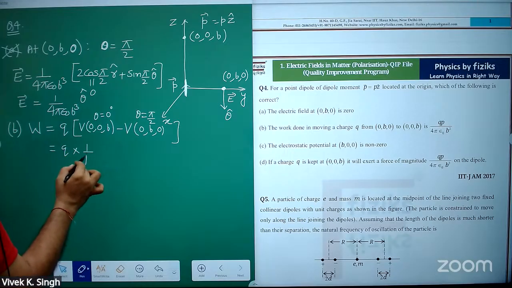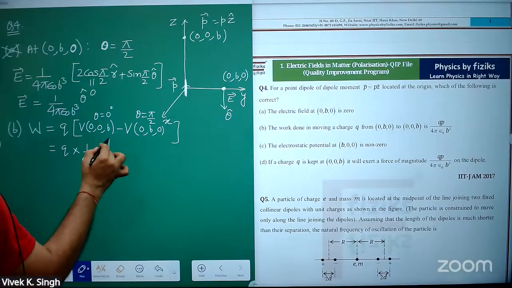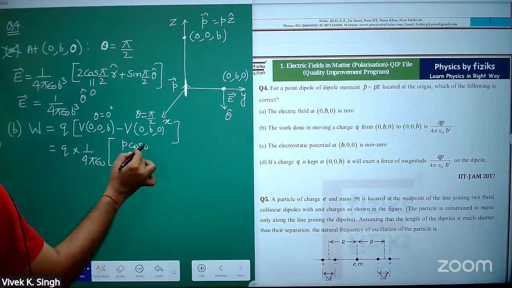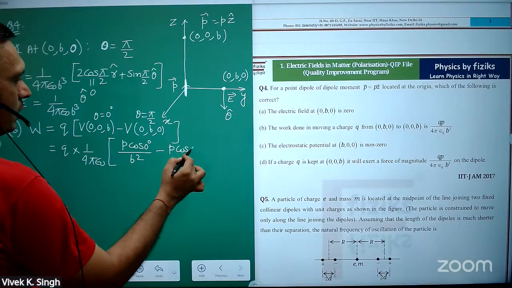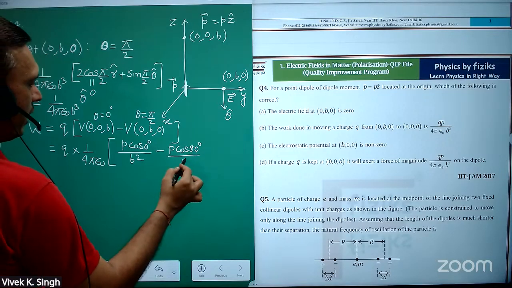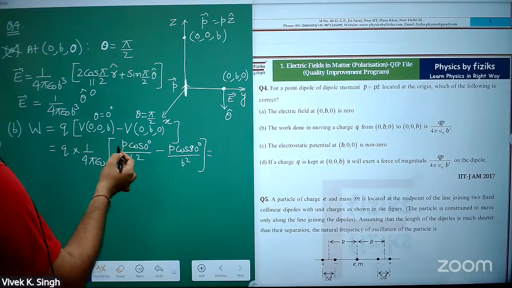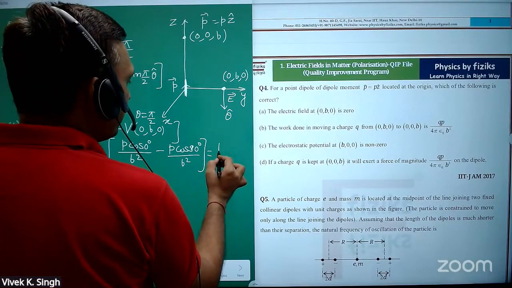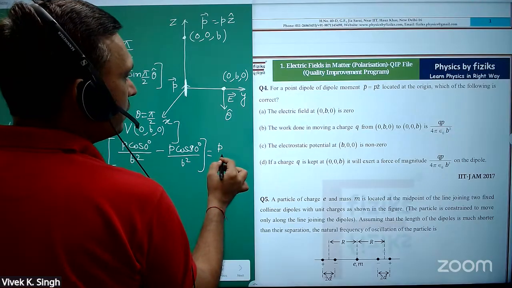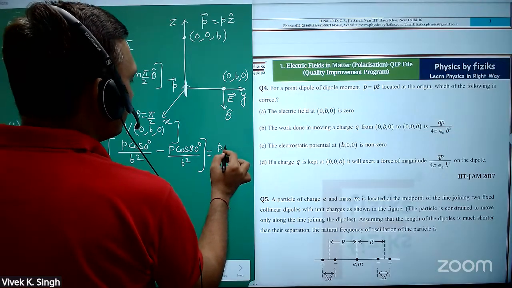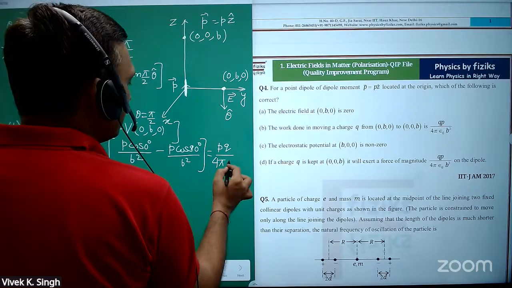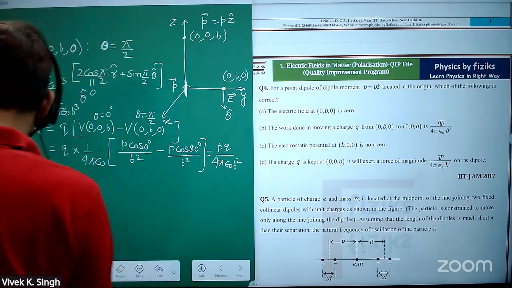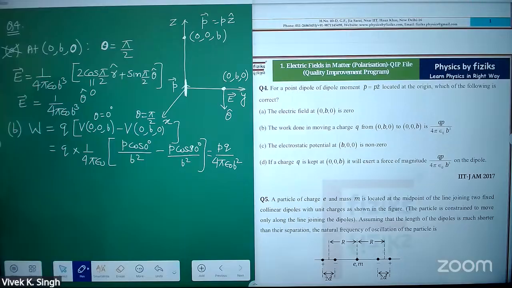Taking 1 by 4 pi epsilon naught common, this is P cos 0 by B square minus P cos 90 by B square. So this is qP by 4 pi epsilon naught B square. So this option is correct.